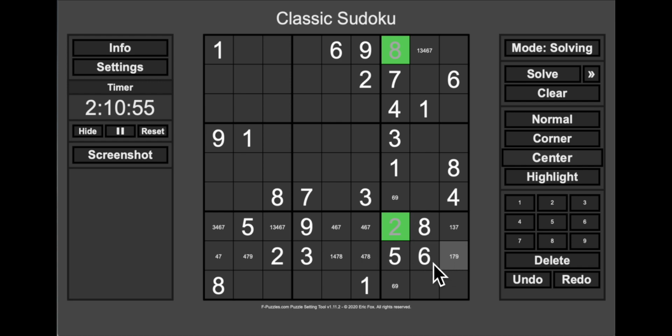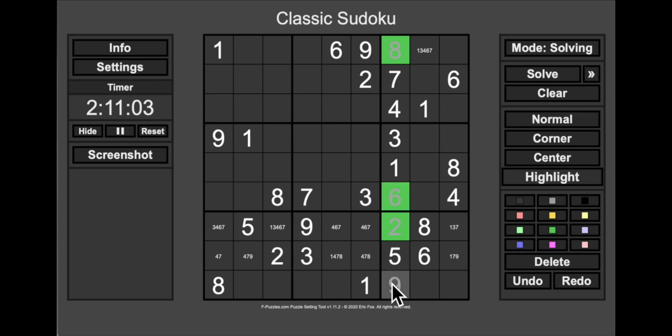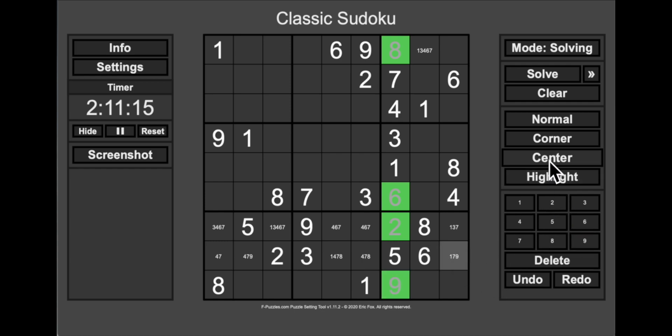Oh, actually, this given 6 tells me that's a 9. So that's 9, that's 6, and these are good digits. That's not 9. It's not 1.